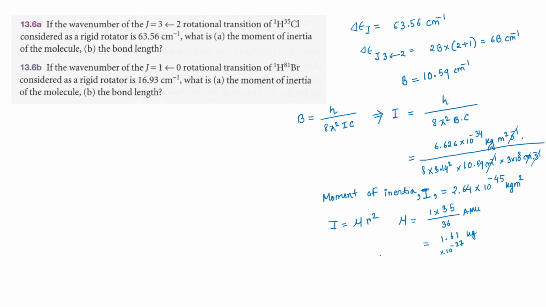And now mu we got, then what is r? R is root over of I by mu. So this is in kg meter square, this is in kg cut, so meter square will be there in the numerator, which will square root of which is meter. So you see all the units should match.